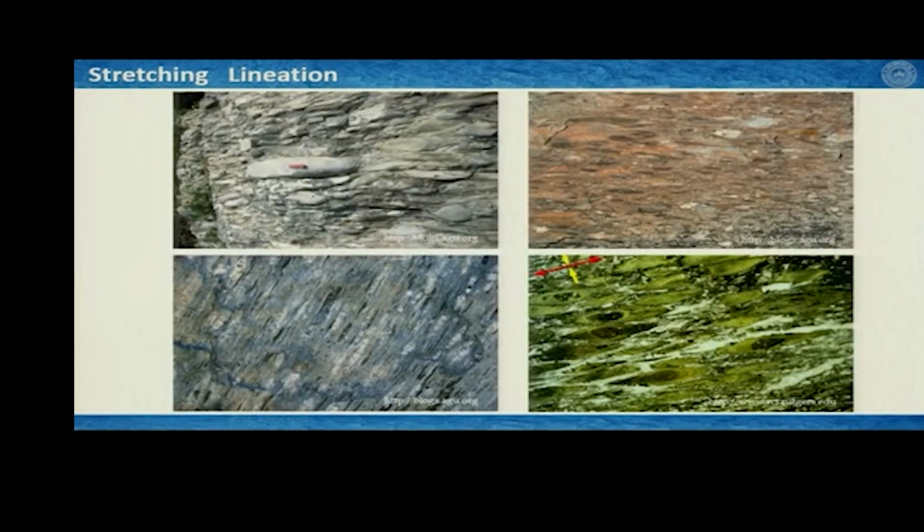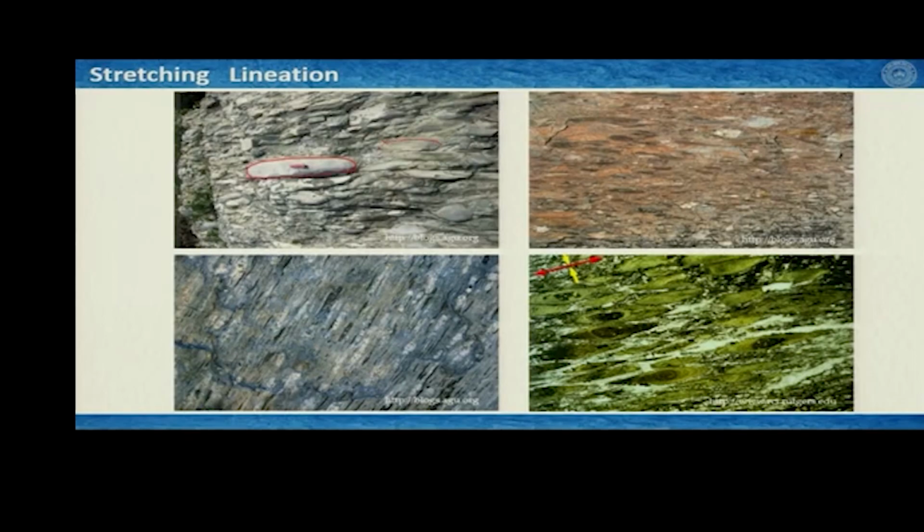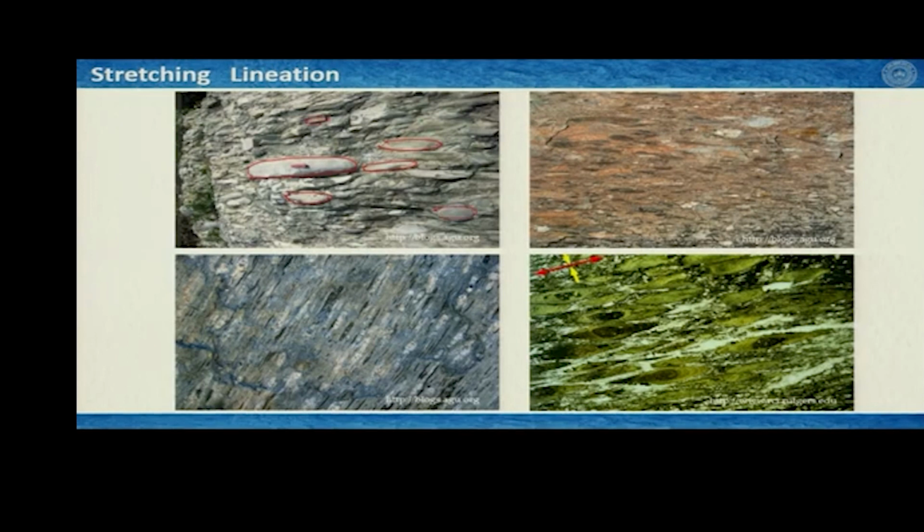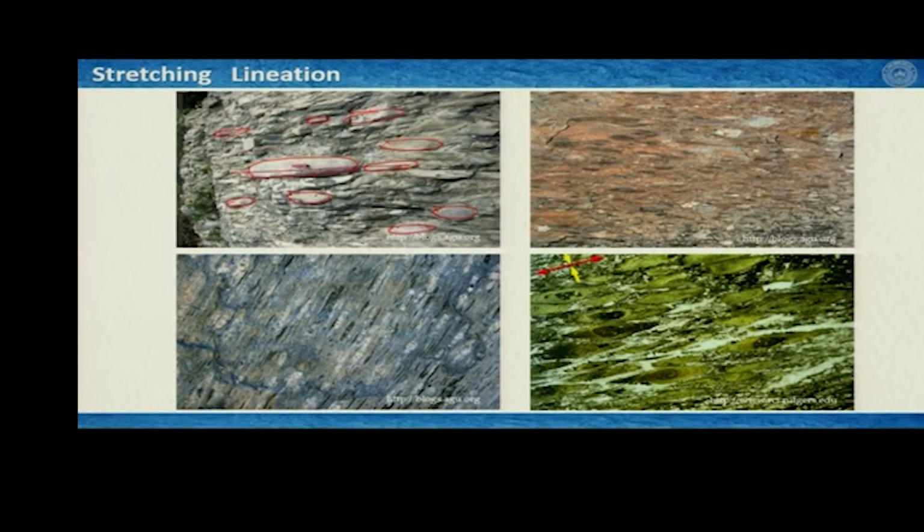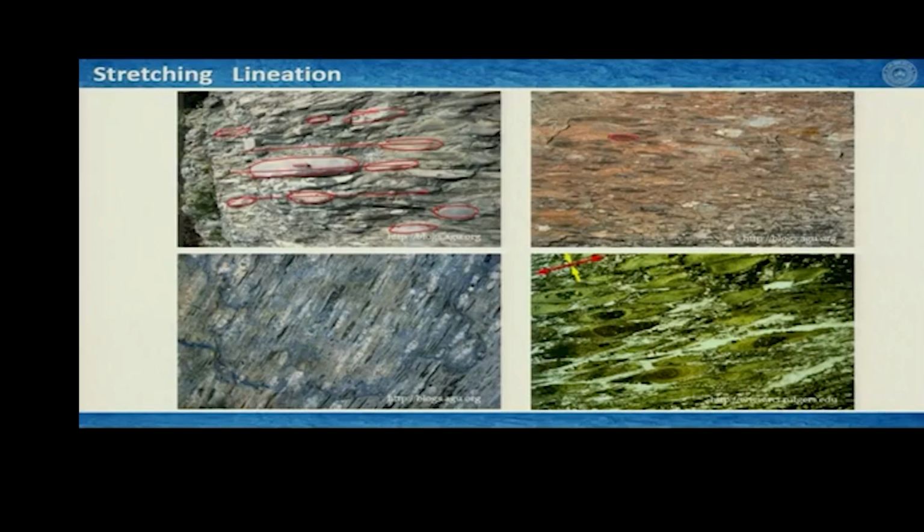Here are some photographs of stretching lineations. So, conglomerate beds, when you deform them, you see the clasts in the conglomerate here, they are stretched and defining a lineation on the surface. Here as well, some elongated grains defining the lineation here, here as well.